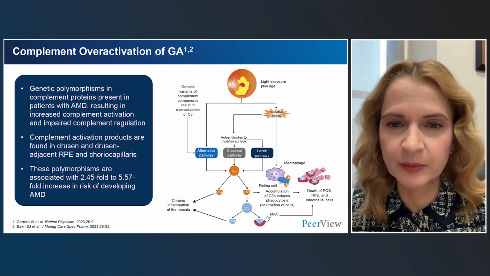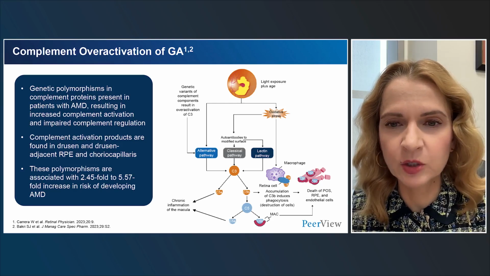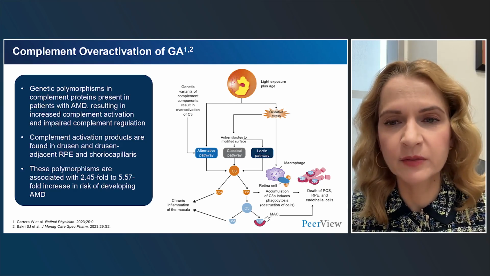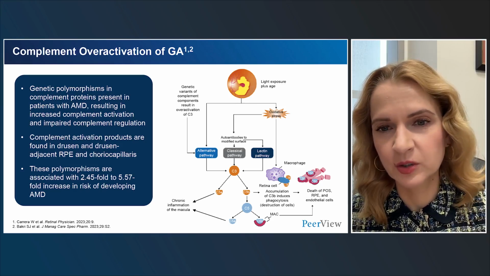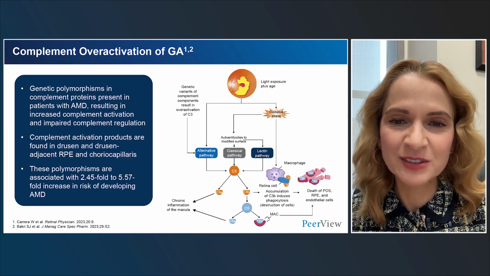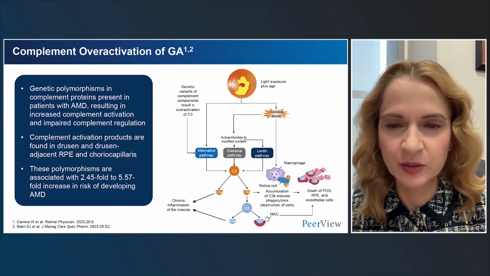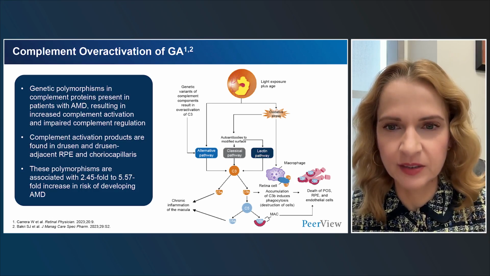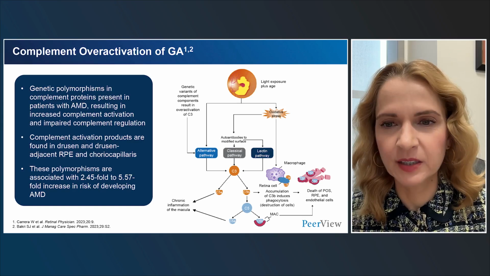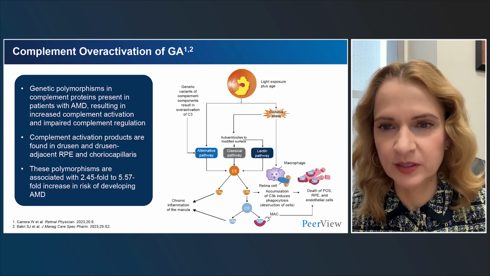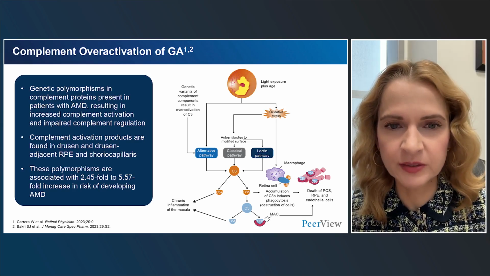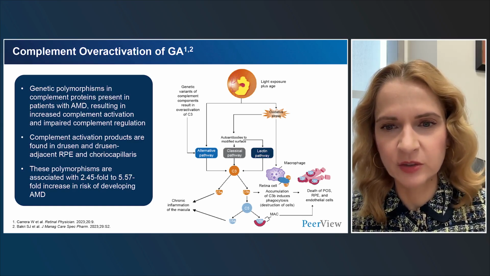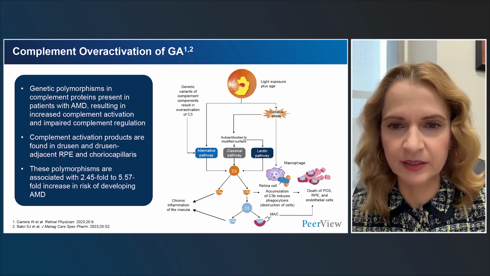C3a leads to chronic inflammation in the macula, and C3b, in accumulation, induces phagocytosis and destruction of cells in the retina in geographic atrophy, that further leads to death of RPE and photoreceptors as well as endothelial cells. Activation of the C5 follows, and that leads to chronic inflammation of the macula and activation of the MAC attack complex.